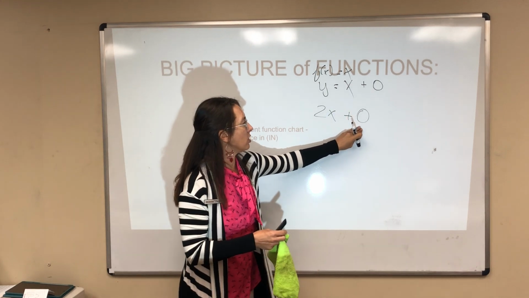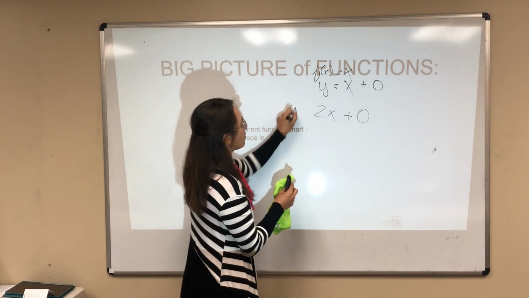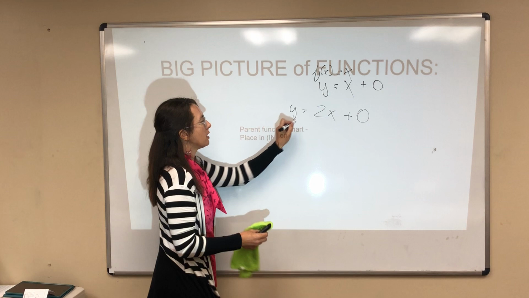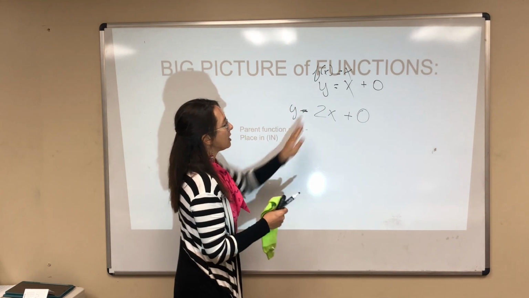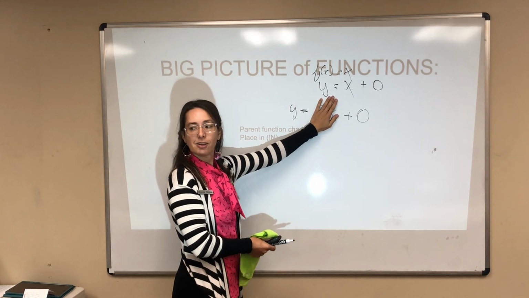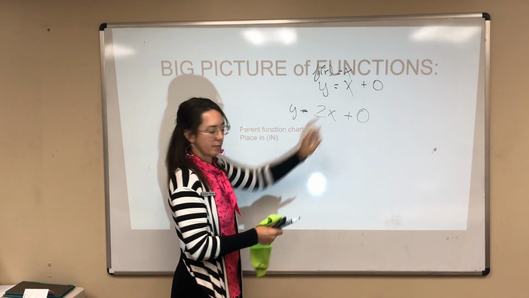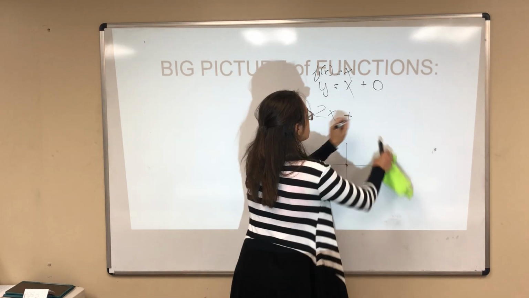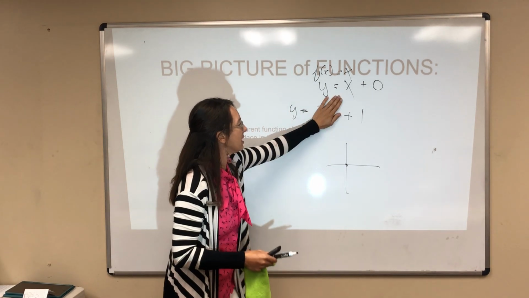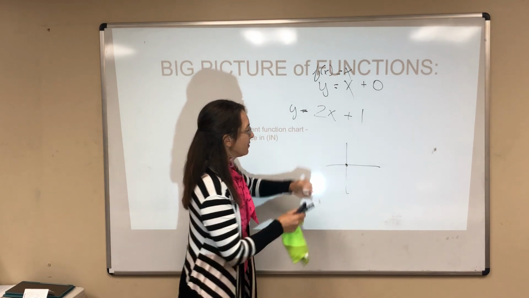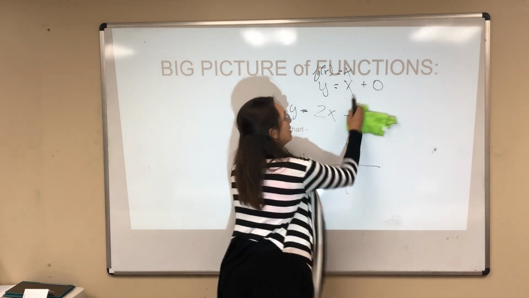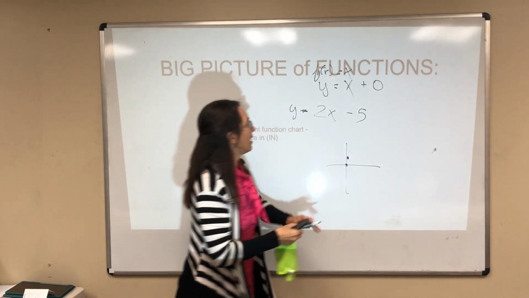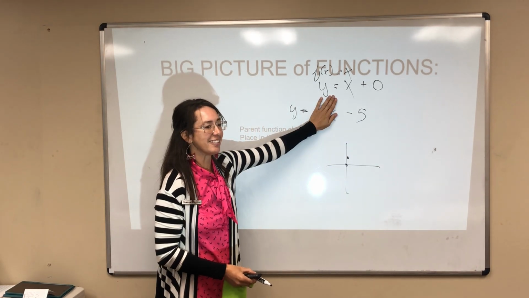Our B value, let's look. If I have y equals 2x plus 0, when x equals 0, y equals what? 0. Okay. Now, if I change this B value, when x equals 0, y equals 1. Okay. Change it again. When x equals 0, y equals -5.